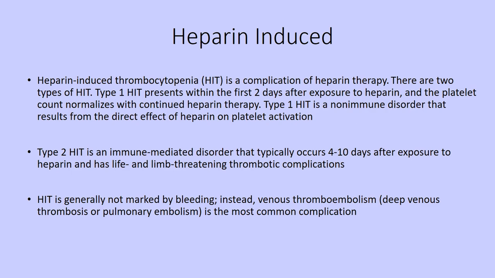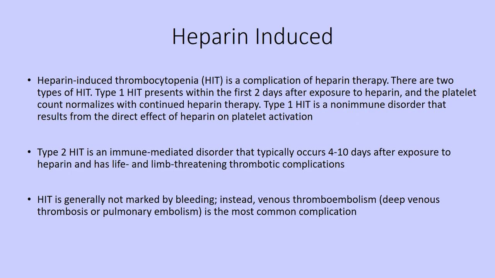So basically, you have a patient who has, let's say, a PE or some sort of DVT, and you put them on heparin, or you give them heparin injections, and because of that, the side effect is heparin-induced thrombocytopenia.